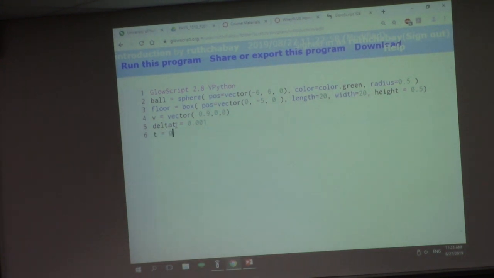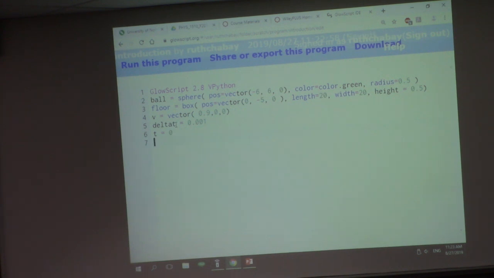And we'll start out counting with time at 0. And now we'll say we want the computer to just keep doing this over and over. So we'll say while t is less than 60 times 60, so 60 seconds in a minute, 60 minutes in an hour, a virtual hour here.